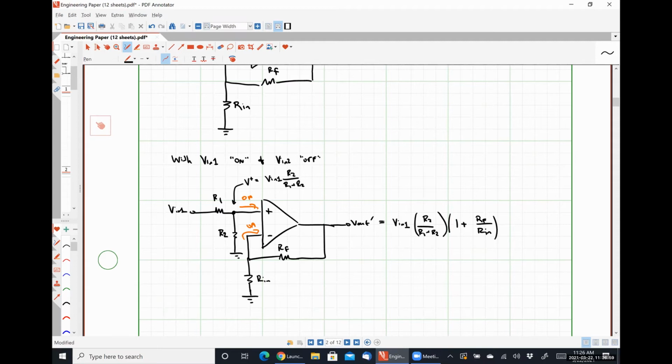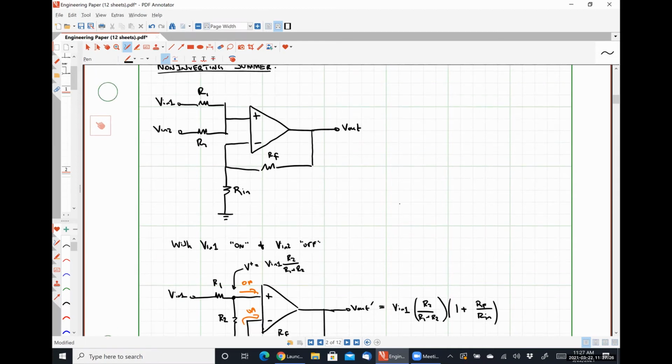What changes when we ground VN1 and apply a signal to VN2? Yeah, so that is exactly right. The only change we would see is in this voltage divider equation, where instead of having R2 in the numerator, we would now have R1 in the numerator.